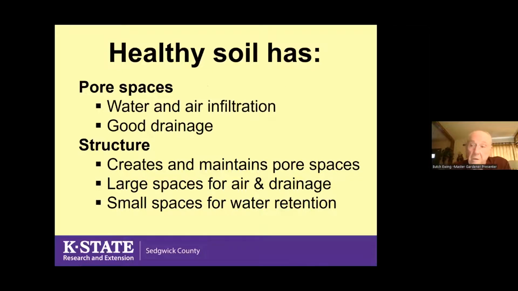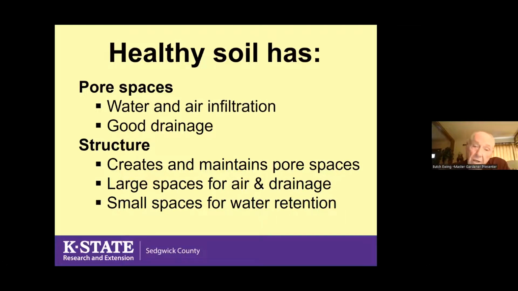So our healthy soil, just to review here, our healthy soil has pore spaces. It has pore spaces that allow water and air infiltration, and they create the good drainage that our plants want. So a healthy soil has structure. That creates and maintains those pore spaces. So you'll have large spaces for air infiltration and water infiltration, and it'll also give you good drainage.